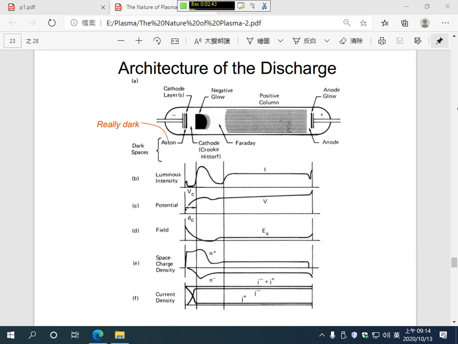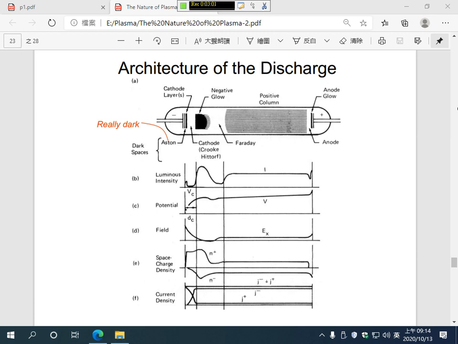If the gas is in an insulating state, the potential distribution should look like this, linear.